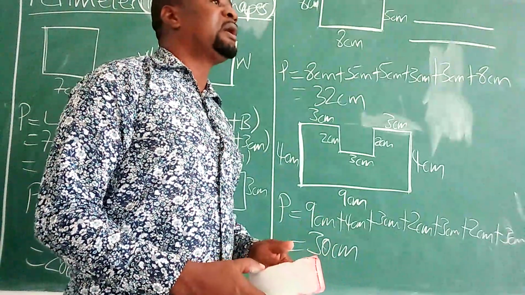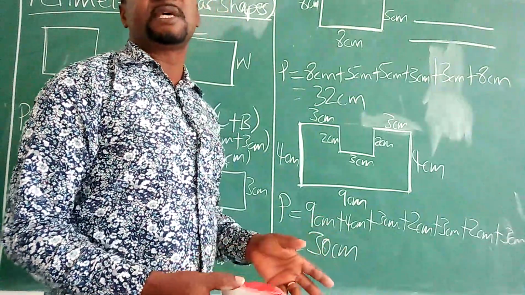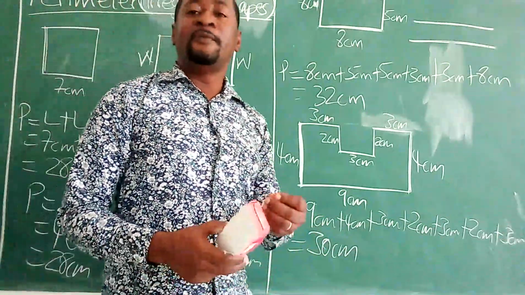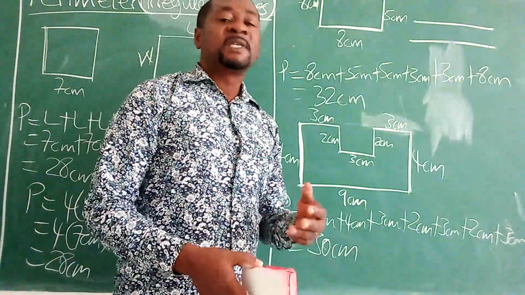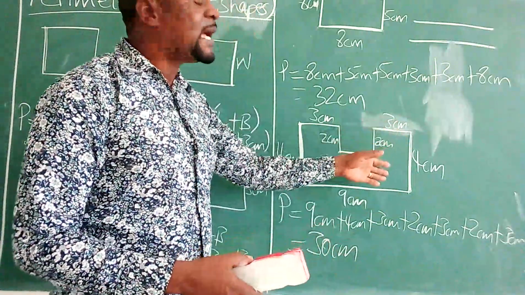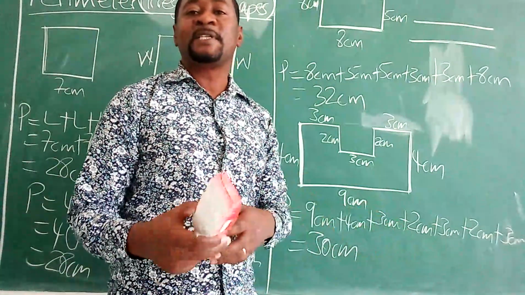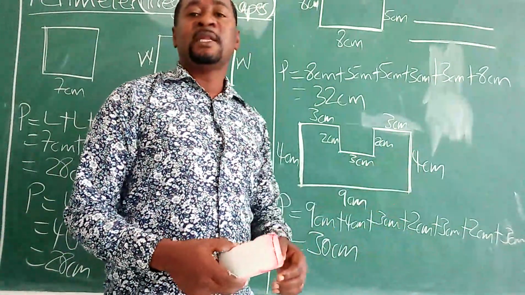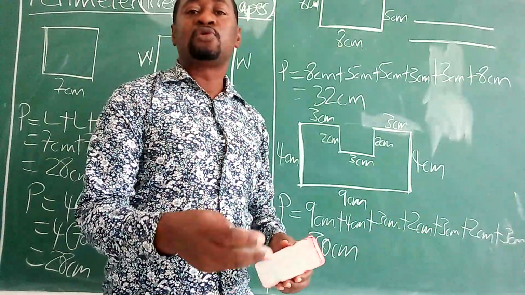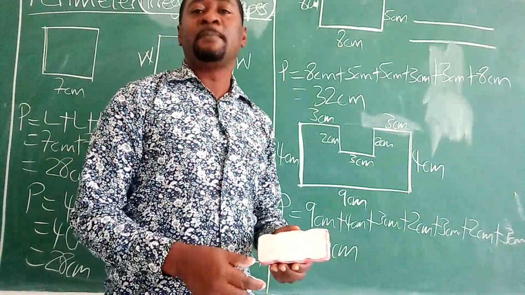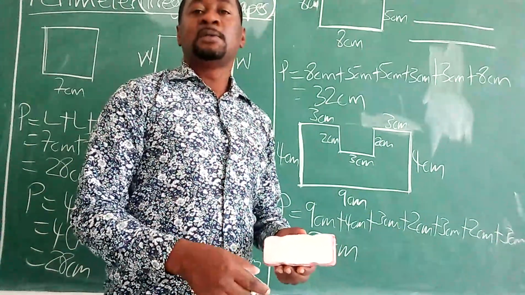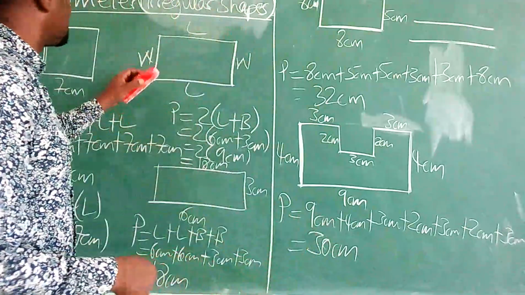So it is simple to find the perimeter of an irregular shape. The only thing that you have to know is what? To know the horizontal lines and then vertical lines, because sometimes there are some sizes that they will not give to you. So you have to use horizontal lines and vertical lines to find the numbers that are there in order to help you to find the perimeter of the shape. Now let's take another one again.